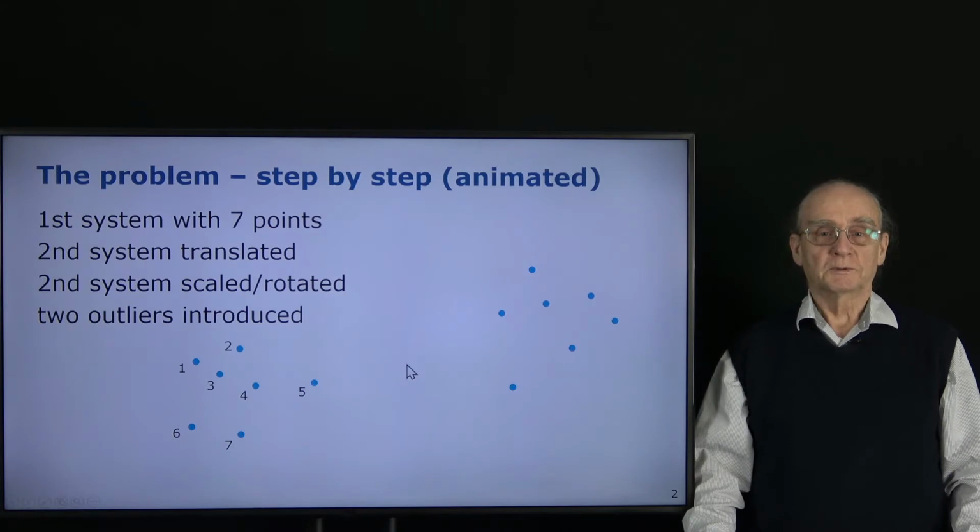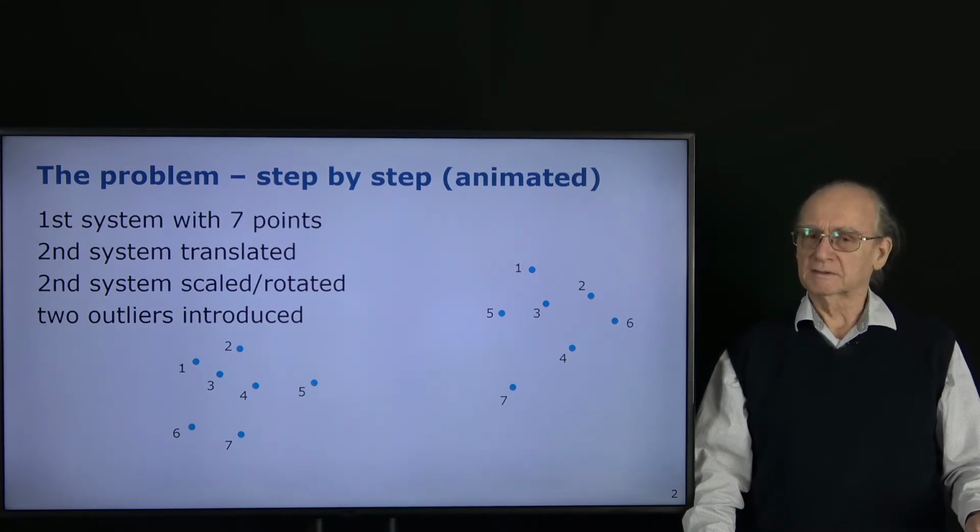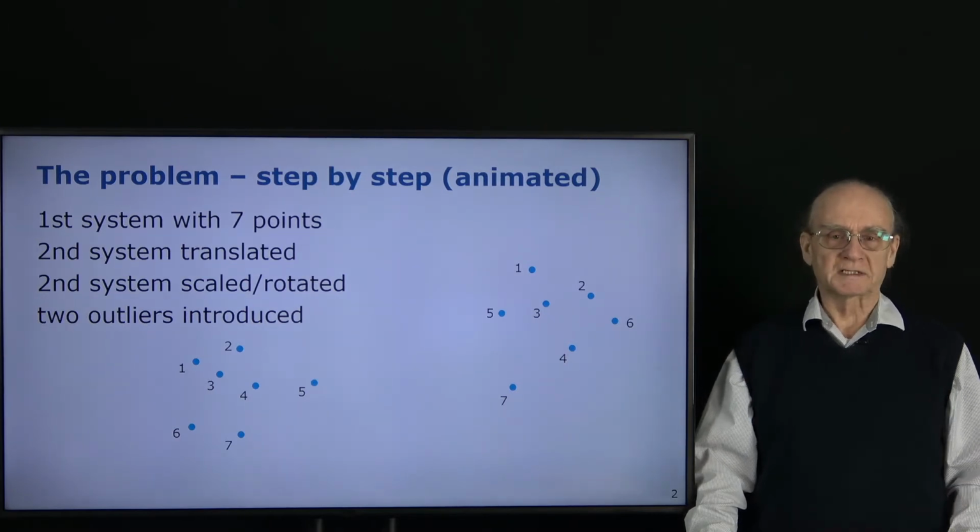Now forget what we did just now. We assume that we are given these 7 points in the first system and these 7 points in the second system. They don't look like they are the same configuration. We know that it is nearly so, but at first instance we don't see this.